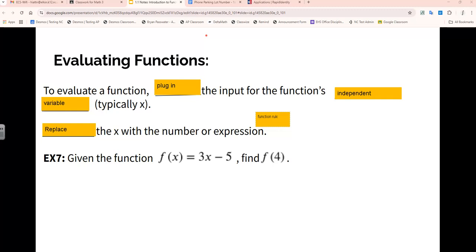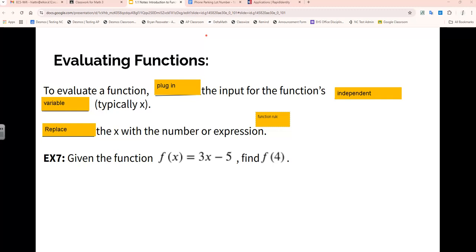Tell your neighbor what to do to find f of 4. If you and your neighbor both think the same thing, there's a decent chance y'all remember it correctly.